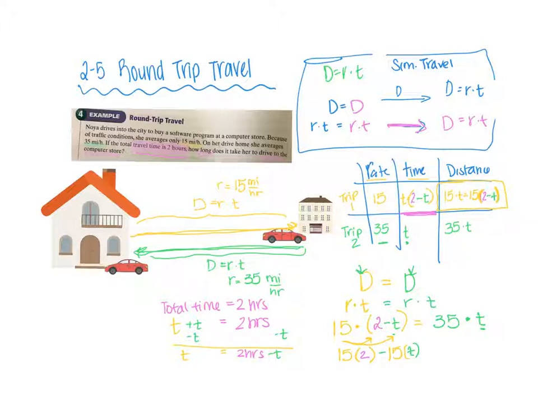You could have also written this as plus 15 times a negative t. And this equals 35t. All right, let's reduce and simplify this a little bit. I've got 30 minus 15t equals 35t. Okay, so far the algebra is solid.